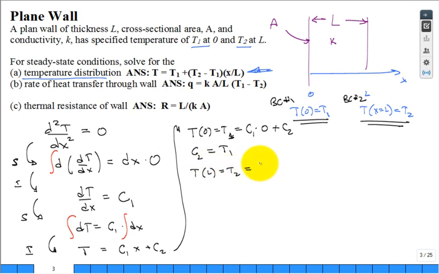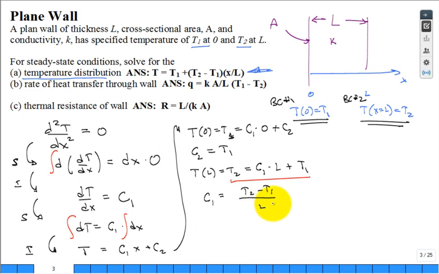That's equal to C1 times L plus C2. I can write C2 there, or I can just go ahead and put what I know C2 to be, which is T1. So I take a look at this equation, and I say I can solve for the constant C1. C1 is equal to T2 minus T1 divided by L.